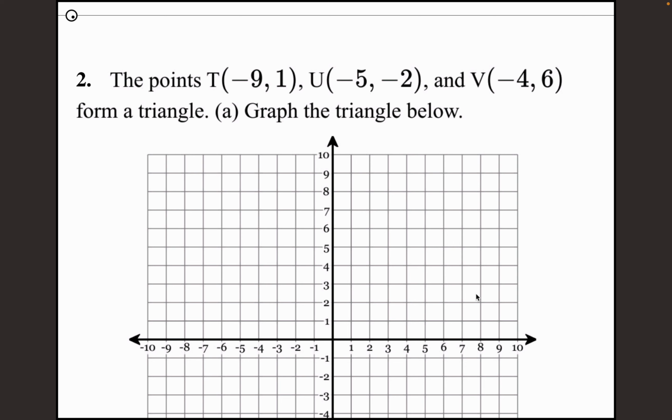I know, but you can't do anything with that pencil. All right, so I'll give you a couple minutes, so go ahead and keep working on it.